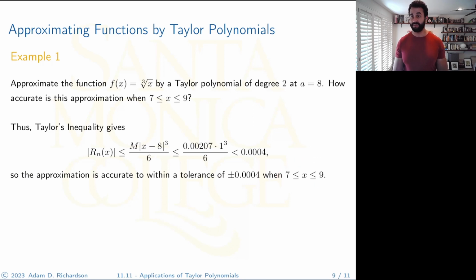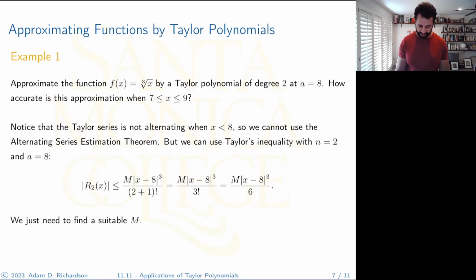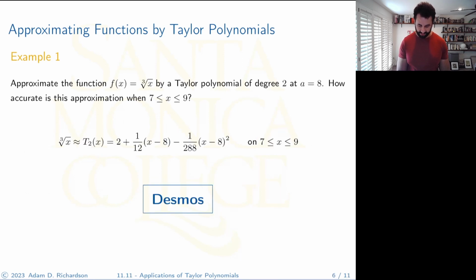That's not too bad, because what this means is that if you don't want to deal with this function, you can instead deal with this function, and your error will only occur in the 4th decimal place or above. Pretty nice. If all you need is 3 decimal places of accuracy, you might as well just use this parabola instead of using a cube root of x. You know what I mean?